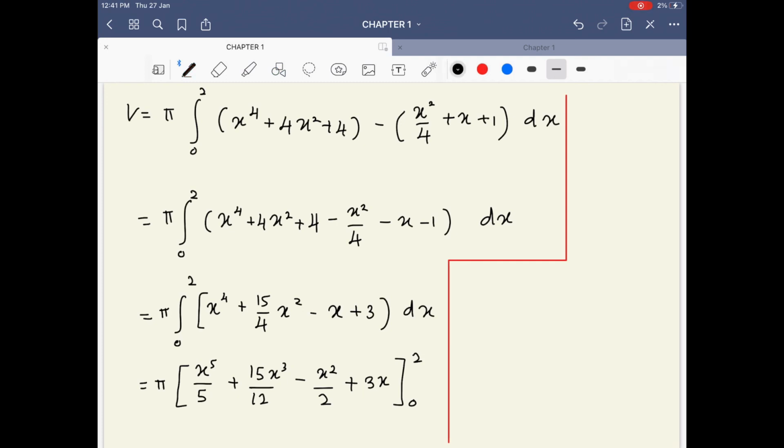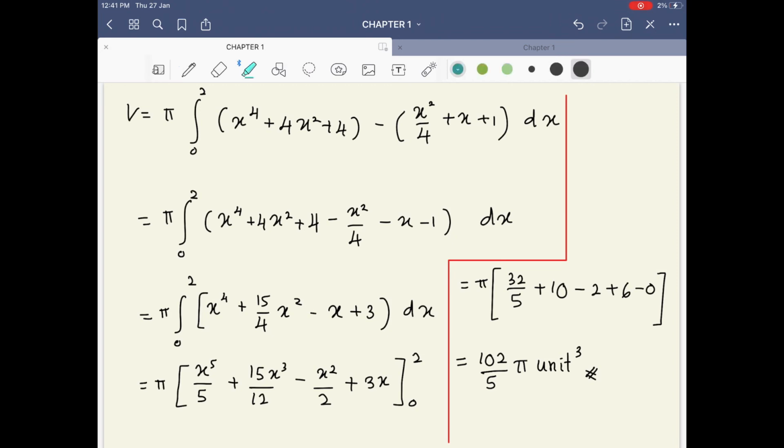Alright, I'm going to proceed on the same page. Okay, so now we're going to insert the values. So we have 32 over 5 plus 10 minus 2 plus 6, and then minus 0. So in the end, we're going to get 102 over 5 pi units cubed.